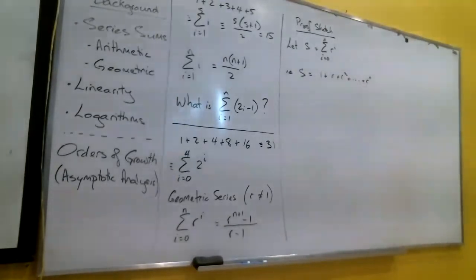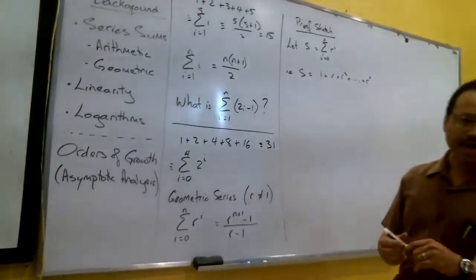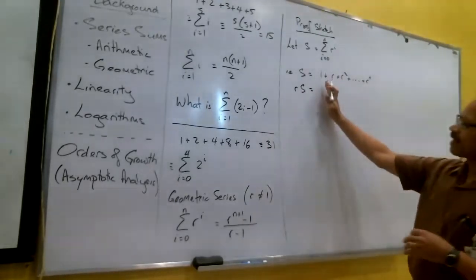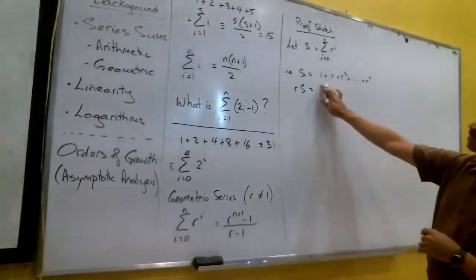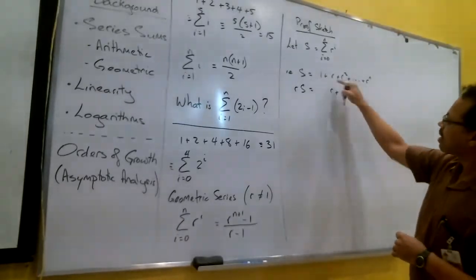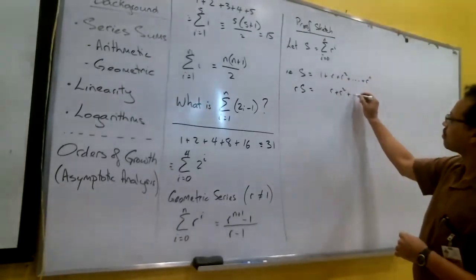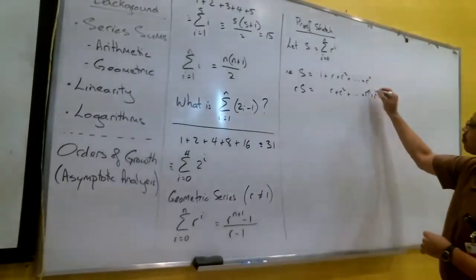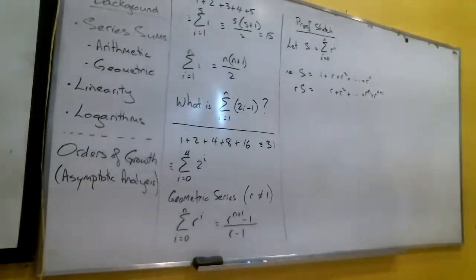If I were to multiply everything by r, what would happen? It's kind of like I get a shift, because r times 1 gives you r, r times r will give you r squared, and the last term would be r to the n plus 1. Agreed? Say yes.